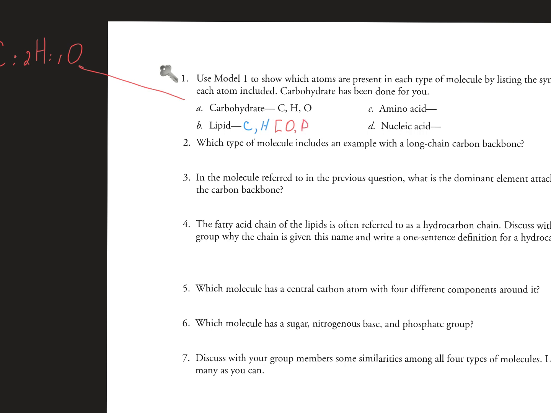Sometimes there's some phosphorus and even some nitrogen, but the nitrogen is very rare compared to the others. There's obviously a lot of oxygen, and phosphorus is in certain kinds of lipids. But for the most part, when you're talking about lipids, you're talking about long chains of carbon and hydrogens, or a ring of carbon and hydrogens.